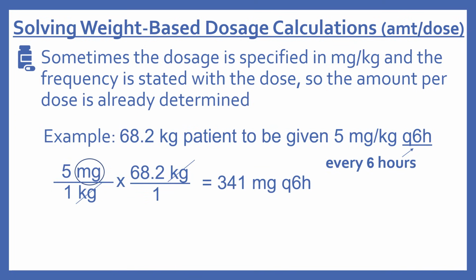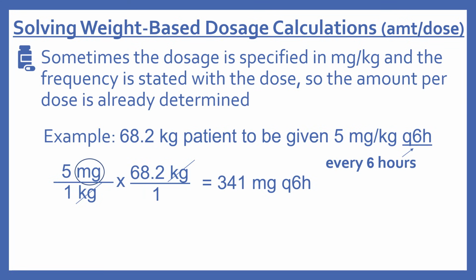So sometimes the dosage is specified in milligrams per kilogram and the frequency is stated with the dose, so the amount per dose is already determined. So for example, we have our 68.2 kilogram patient to be given 5 milligrams per kilogram Q6 hours.